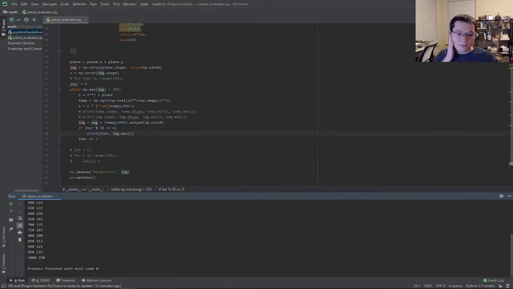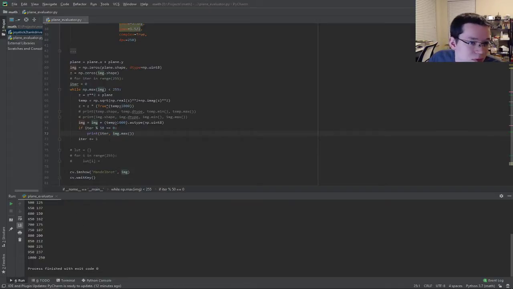Yeah, that's right. So everything in the Mandelbrot set is black in our images. And everything that is not in the Mandelbrot set is a different color. It's a shade of gray.